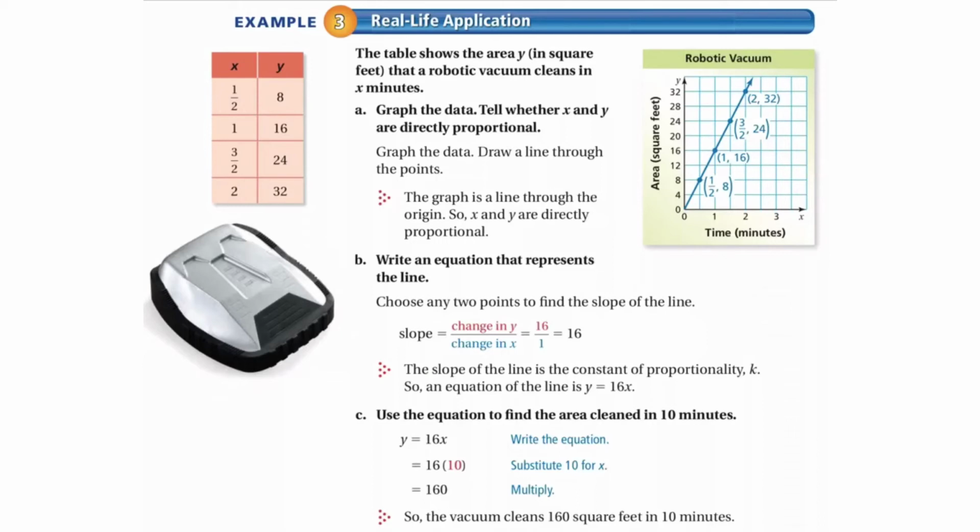Well, 10 minutes, that's the x, so we can put that in for x. That makes this equation y equals 16 times 10. And we know that 16 times 10 is 160. So when x is 10, y equals 160. So the vacuum cleans 160 square feet in 10 minutes.